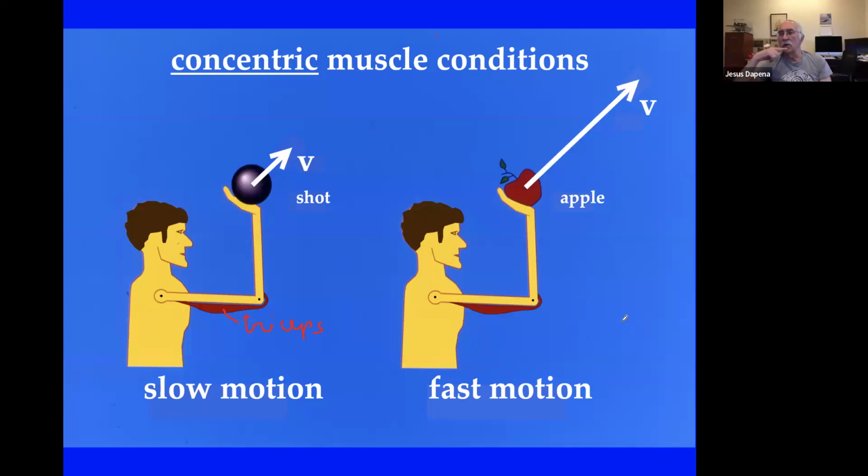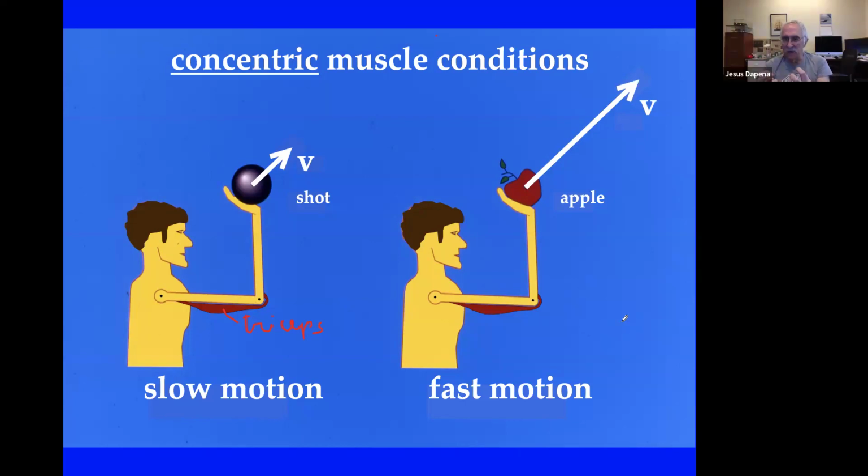And then I will ask you, when you threw this and it went faster than with the shot, did you feel that you really used your triceps muscle with a lot of force? And you will say, well, not really. It didn't feel that I really stressed my triceps almost at all. So then I say, well, hey, we're trying to break the world record for the apple throw, so use that muscle, give it more speed still.